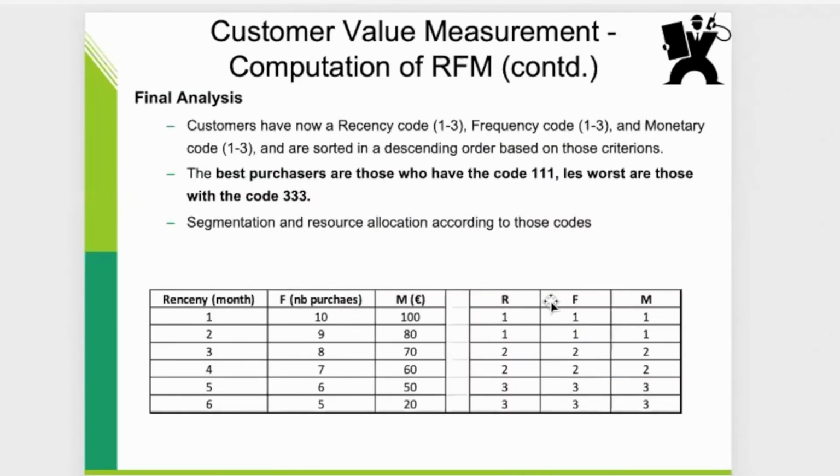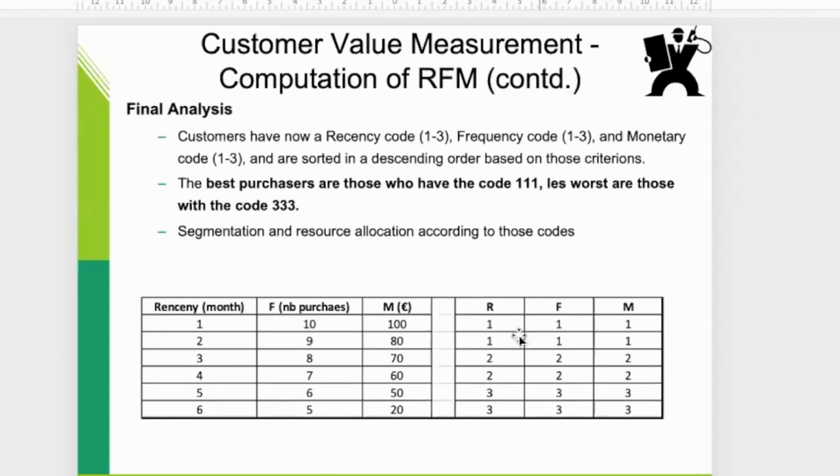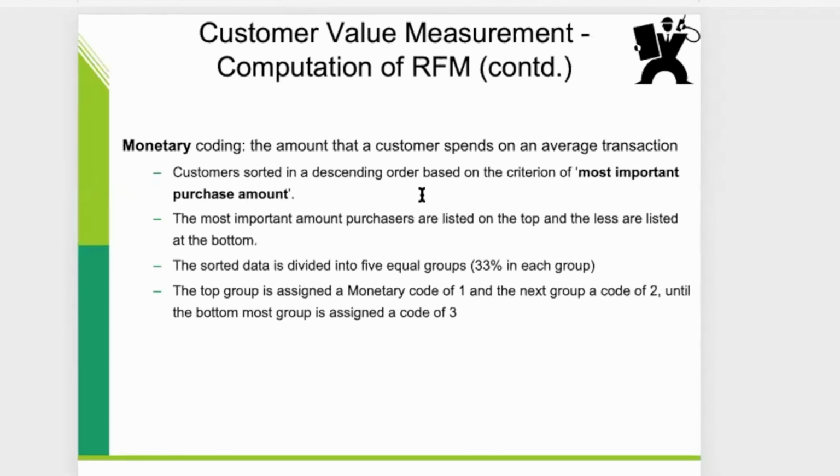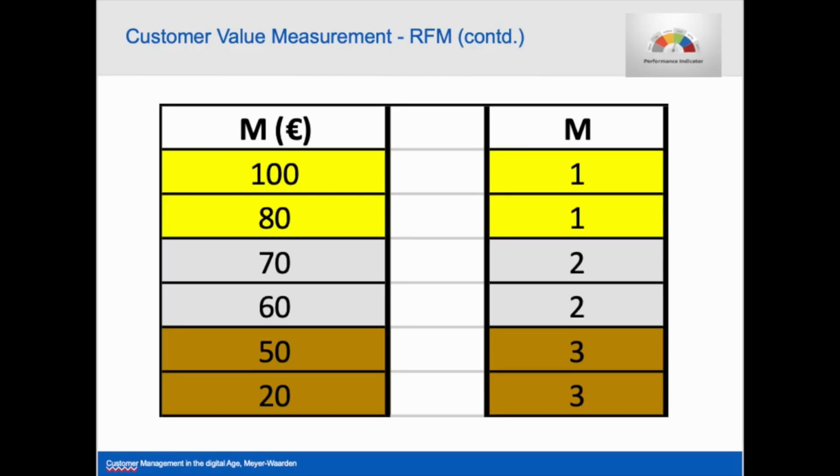Okay, now I have 2 new variables, recency and frequency, with a score between 1 and 3. And finally, I do the same thing for the monetary amount, that is the money that the customers have spent on each transaction. Again, I sort in descending order, so I have the highest purchase amounts in the upper part of the database and the lowest amounts in the bottom part of the database.